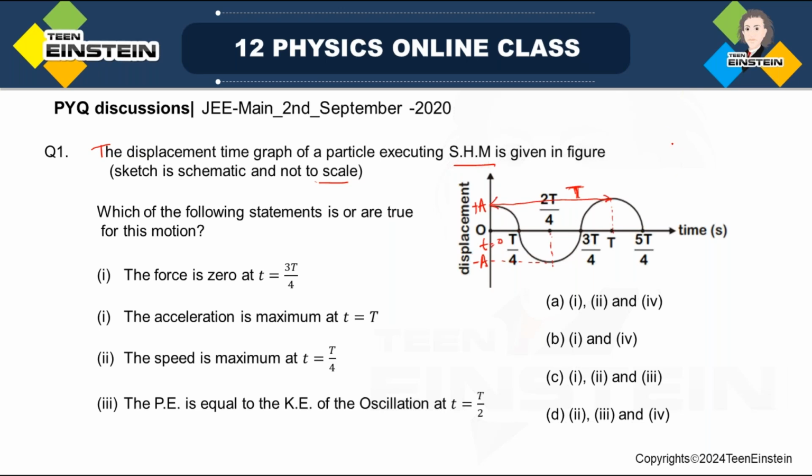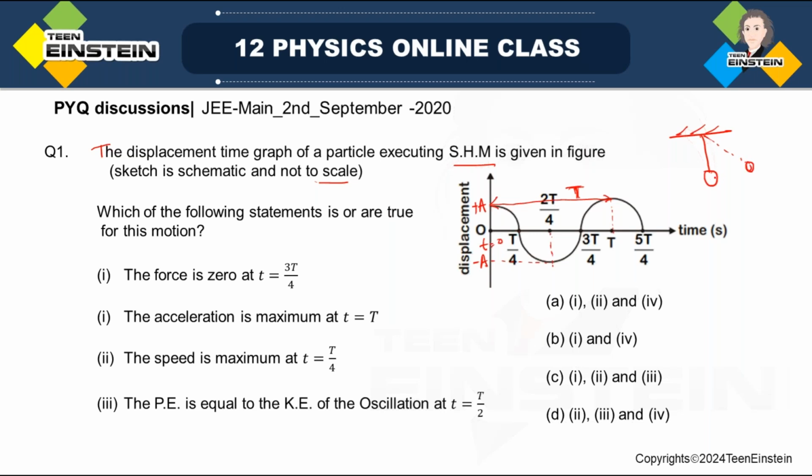So if I try to visualize this motion with a simple pendulum, so I have a simple pendulum over here. The motion starts with maximum displacement. So it starts from here actually.